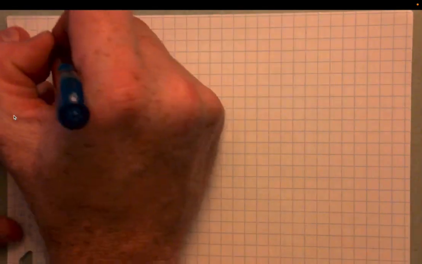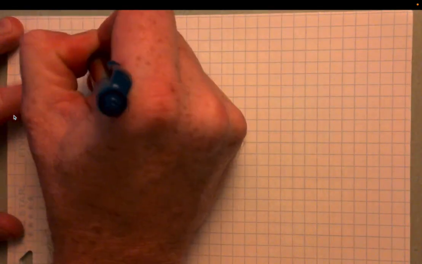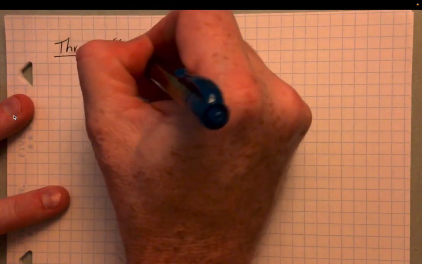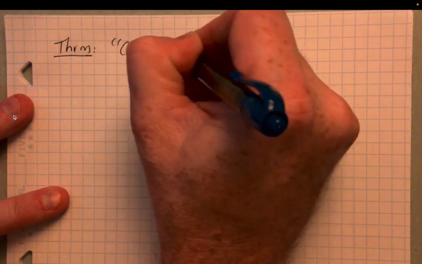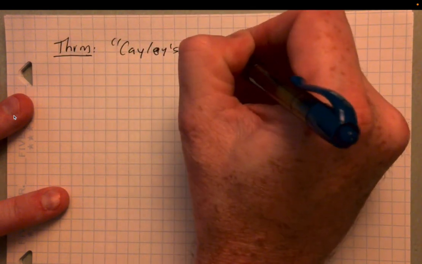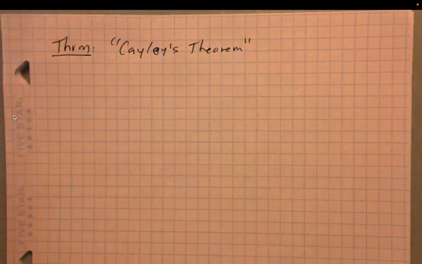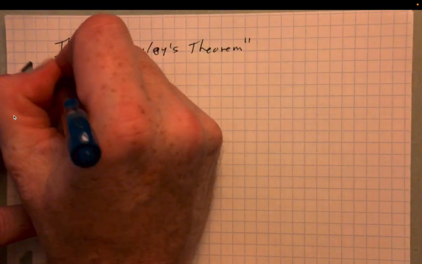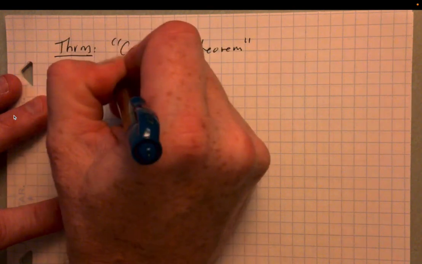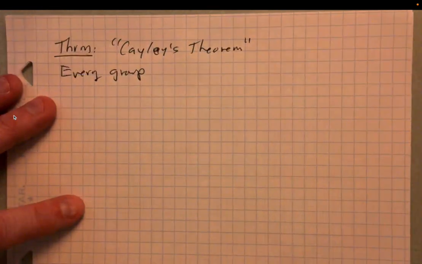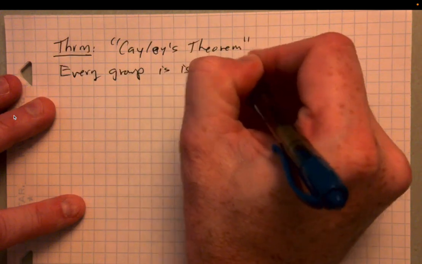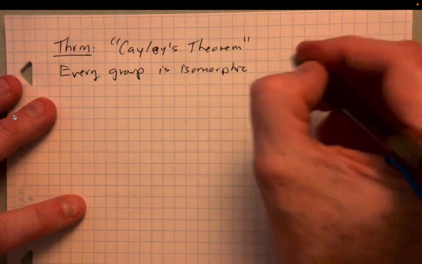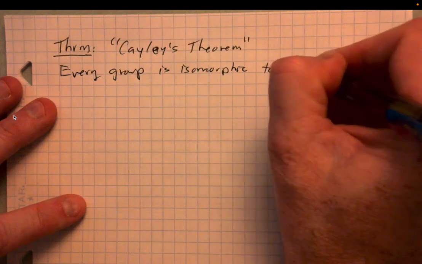This is a big theorem in abstract algebra. It's called Cayley's theorem. Okay, what does it say? What it says is that every group is isomorphic to a group of permutations.